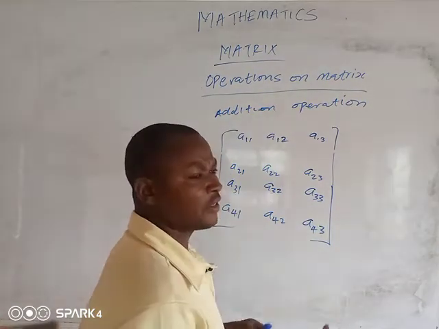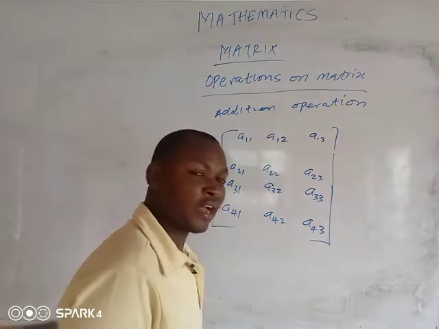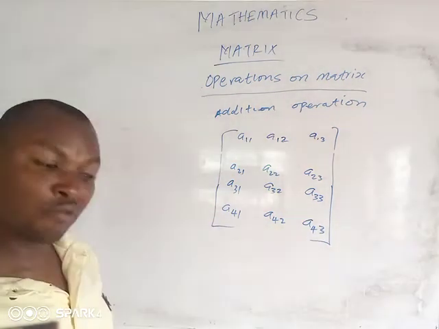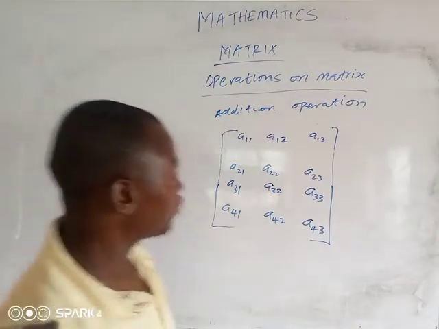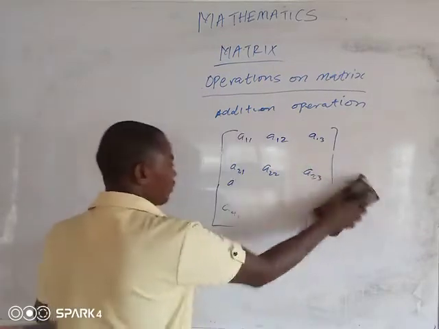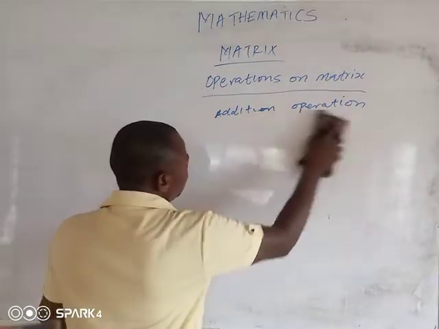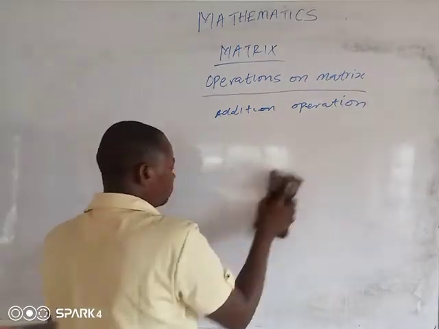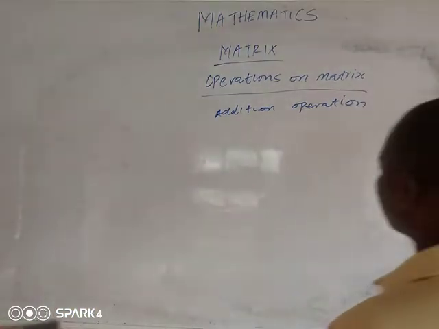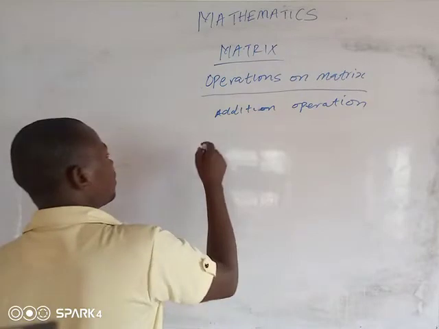So that's how we add. After all, we now simplify the matrix, and we say bye-bye to that question. Okay? So that is just what we want to quickly talk about now. Even if it's a subtraction, it's the same thing. So addition operation, let us quickly solve this question.